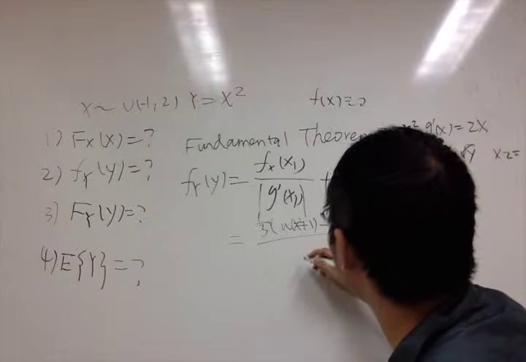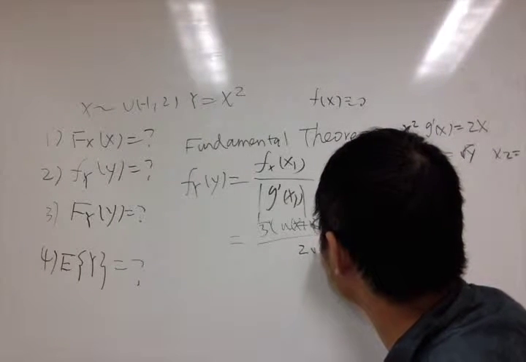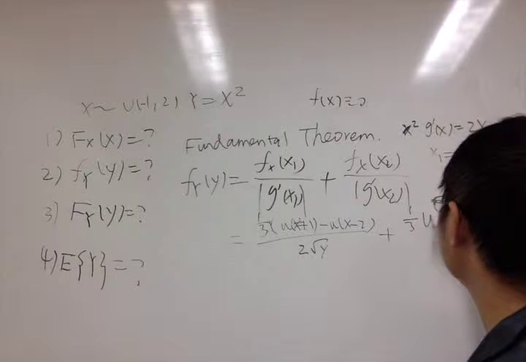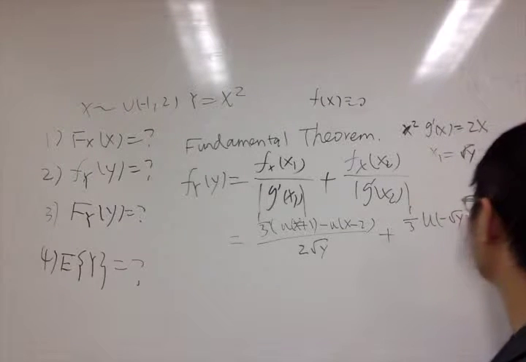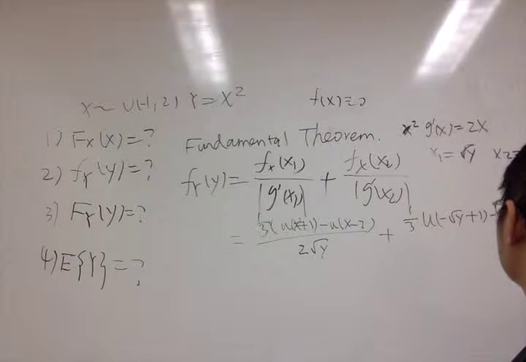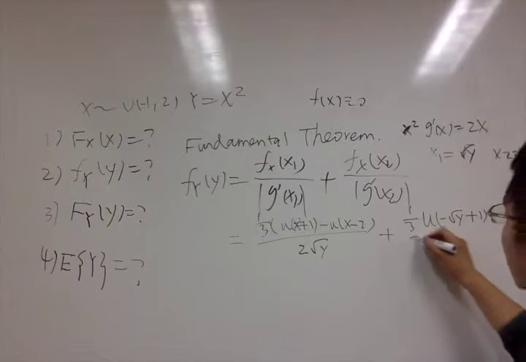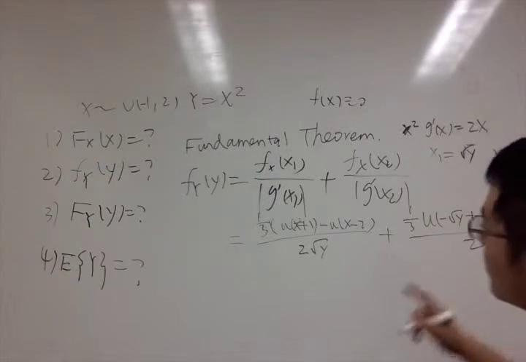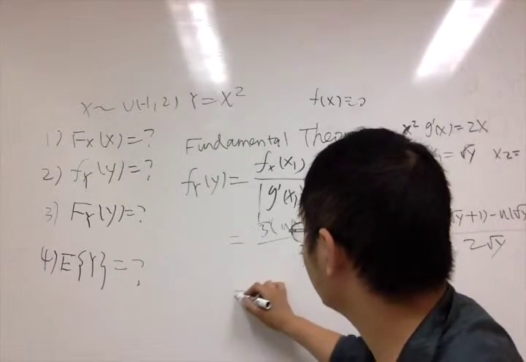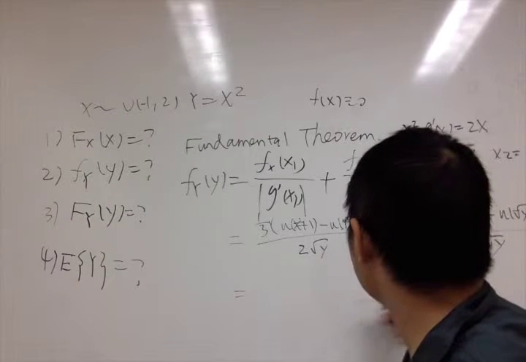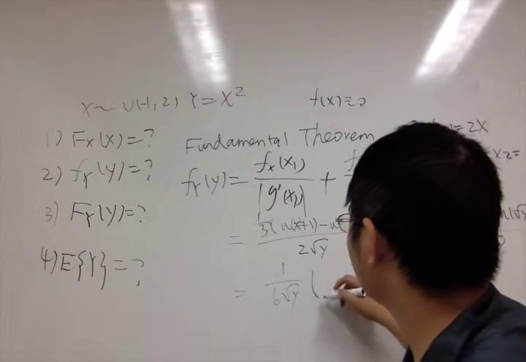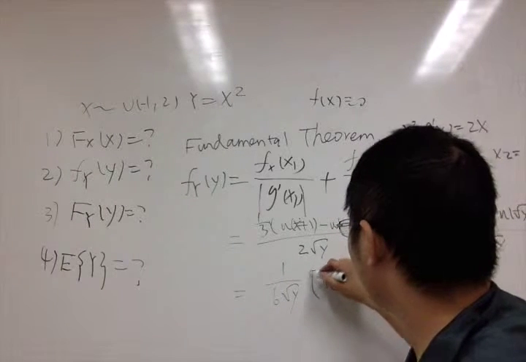So in this part we have 1 over y, and for the second we also have the substitution. We could do the simplification, and so this is 1 divided by 6y, and there are 4 step functions.